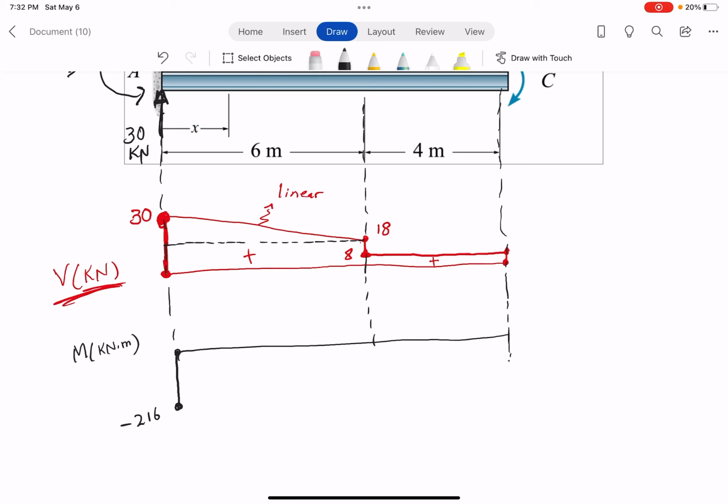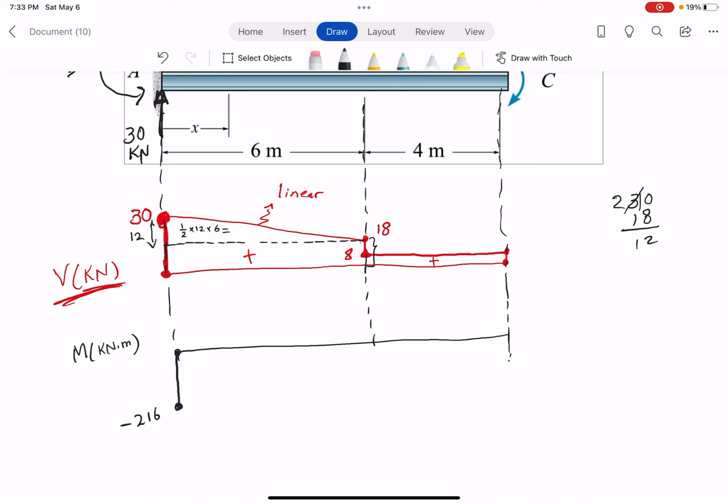If this is 18, what is 30 minus 18? It is 12. So 1/2 times 12 times 6.